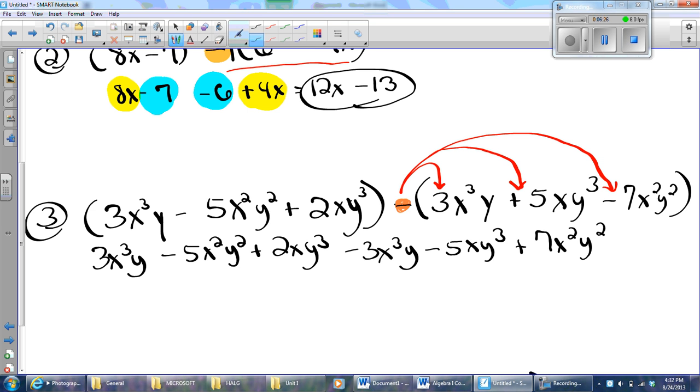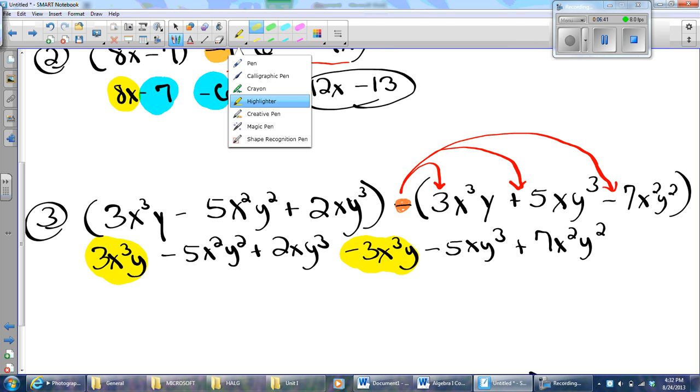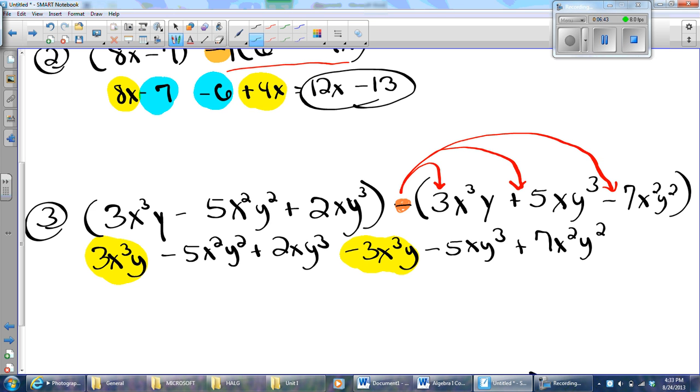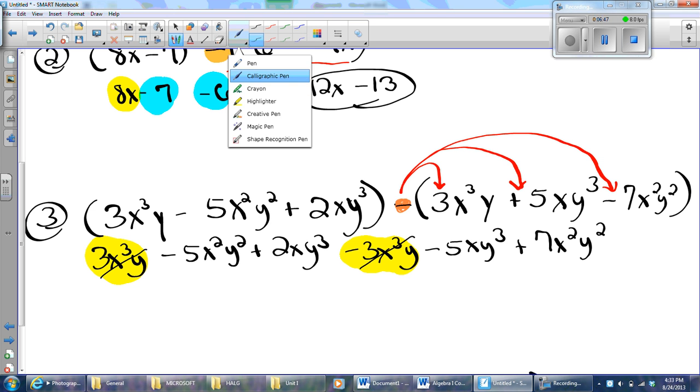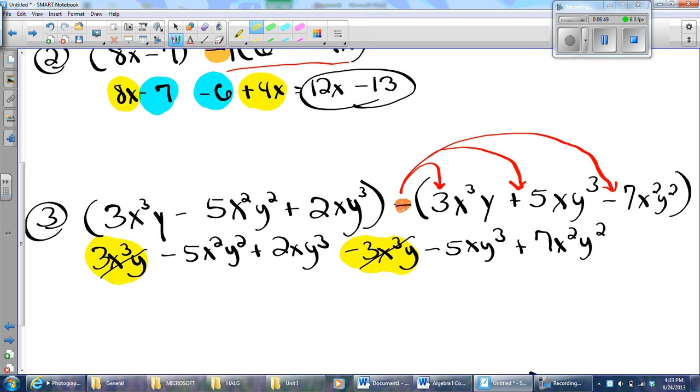Now I can go out hunting for like terms. So I've got this guy here, 3x cubed y, and I've got a negative 3x cubed y. Looks like they're going to cancel out. I'm not going to write 0. I'm just going to cancel them out. Boom, boom. The only reason I'd write 0 is if there would be nothing left.